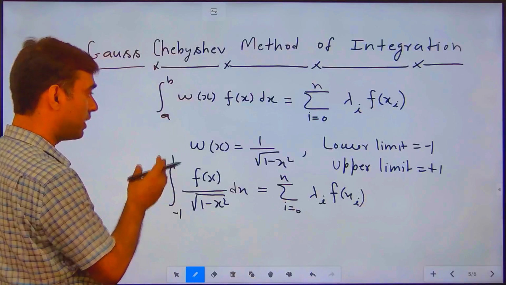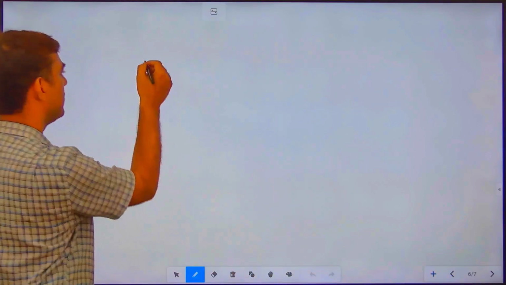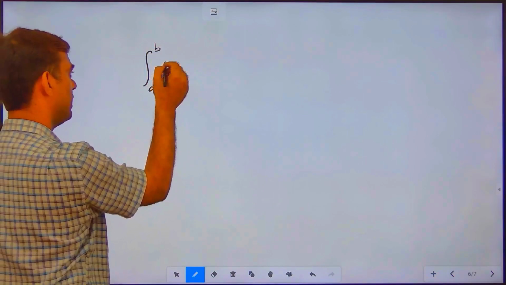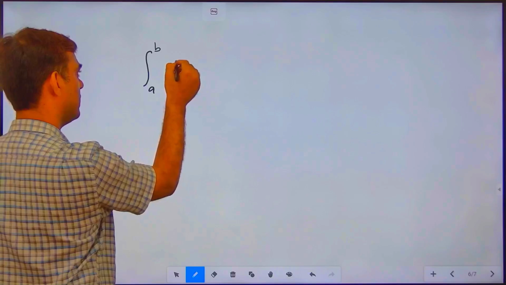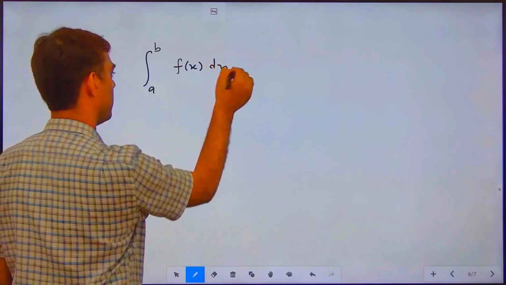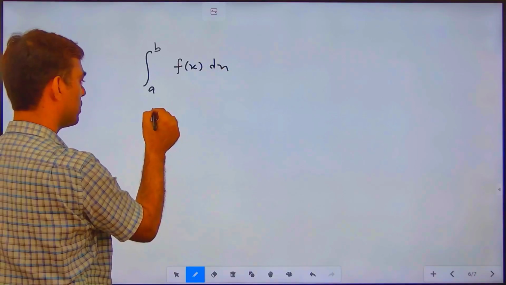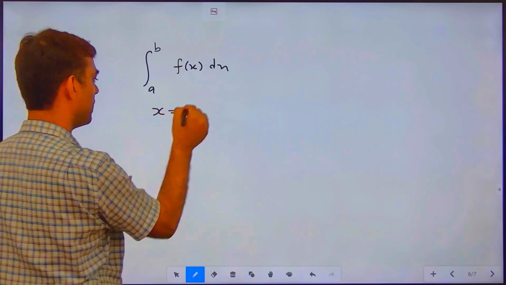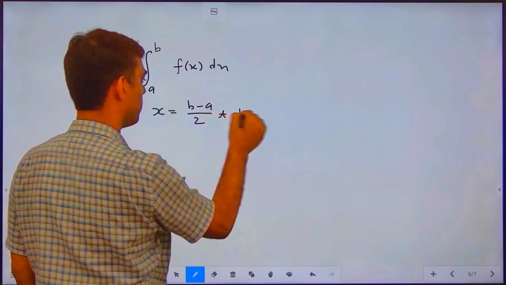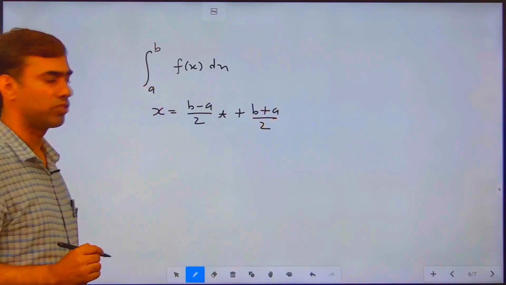If any integration is given in the form a to b of f(x) dx, we use a transformation. We use the transformation x equals (b minus a) by 2 t plus (b plus a) by 2.